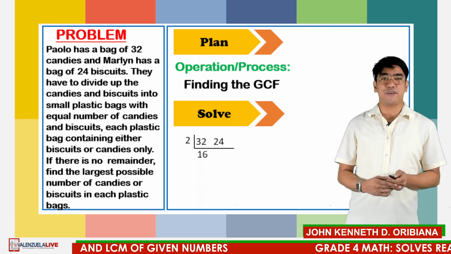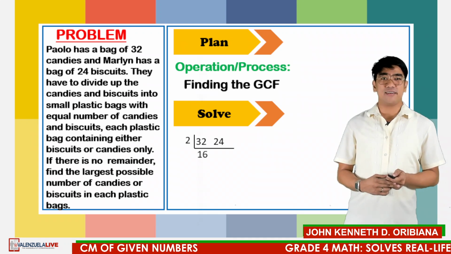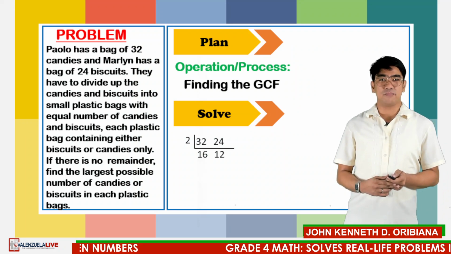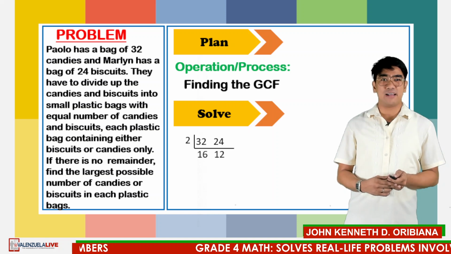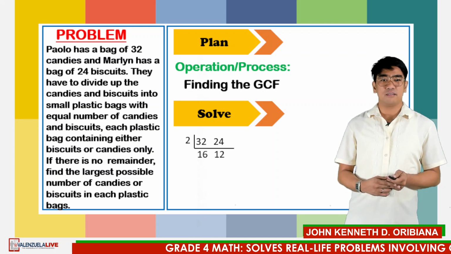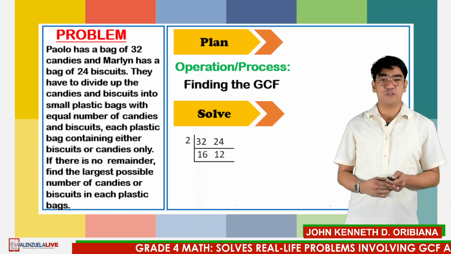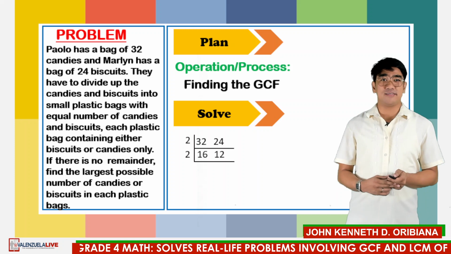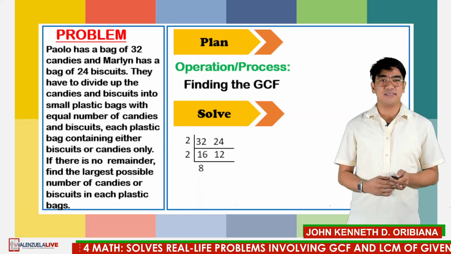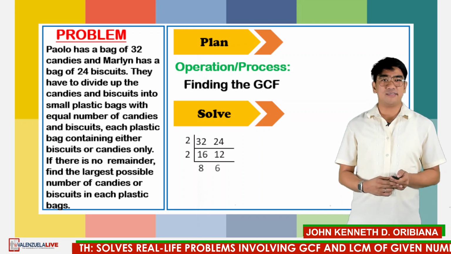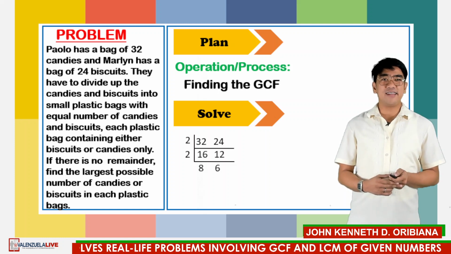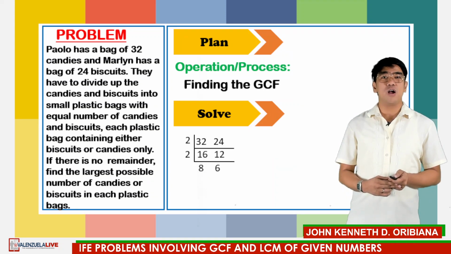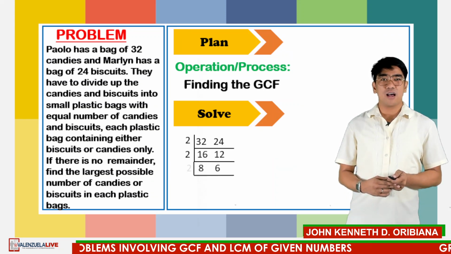Okay, let us divide first 32 divided by 2. The answer is 16, while 24 divided by 2, the answer is 12. Since 16 and 12 have a common factor, which is 2, let us divide 16 and 12 by 2. 16 divided by 2 is 8, and 12 divided by 2 is 6. 6 and 8 have also a common factor, which is 2 again.